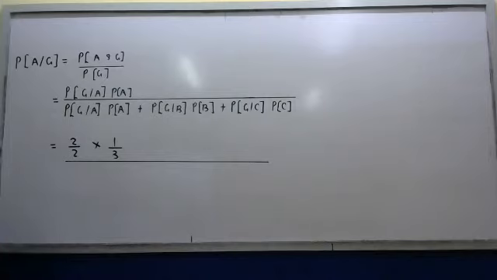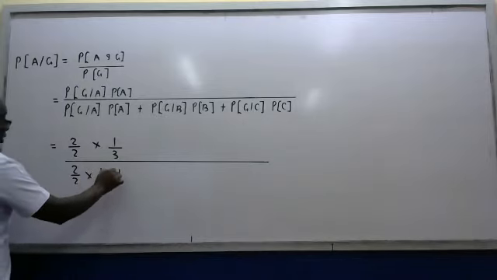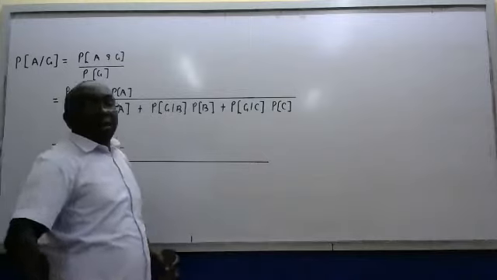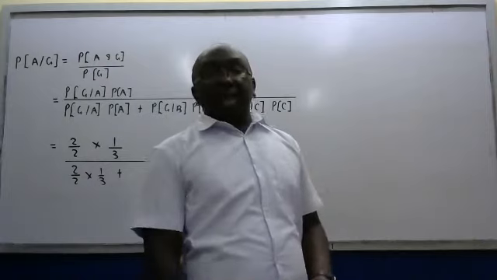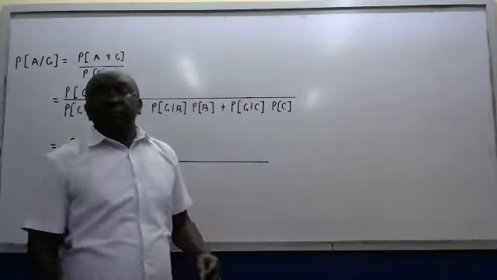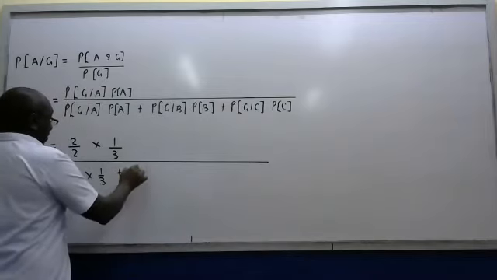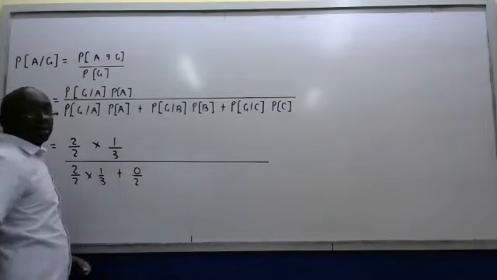Then all this will be divided by the denominator, and something else you should cram is that this numerator here is the first term in the denominator. So we say 2 out of 2 times a third, plus when we go to bag B, how many gold coins does it contain? 0. So our desire is 0, and the bag has 2 coins.